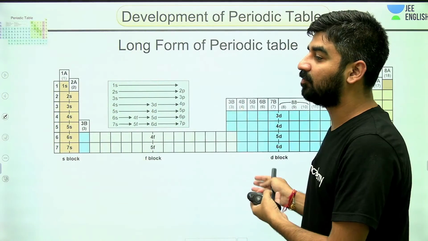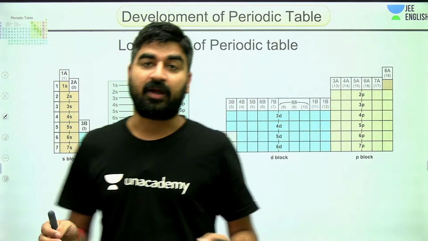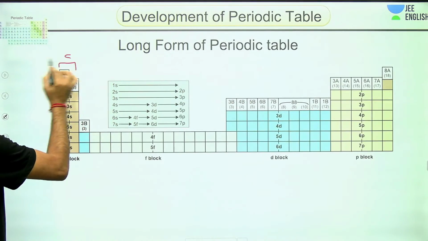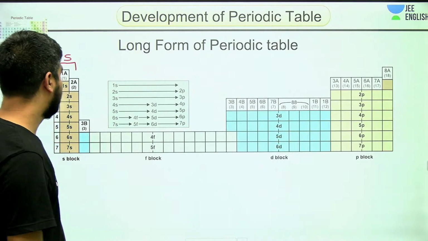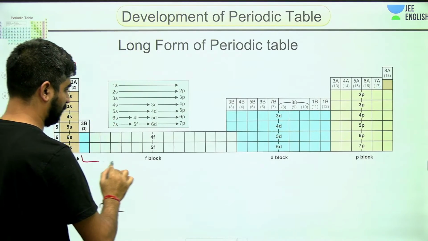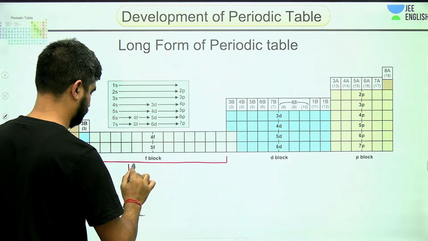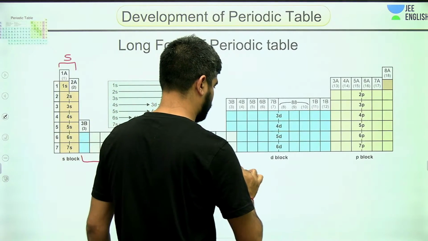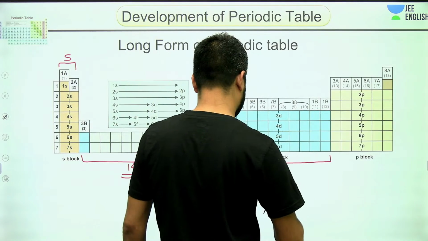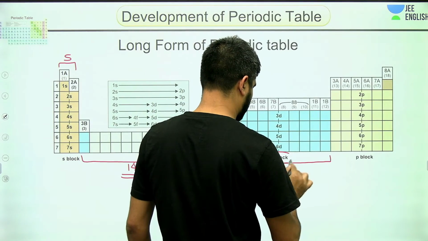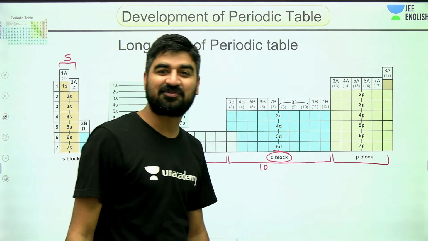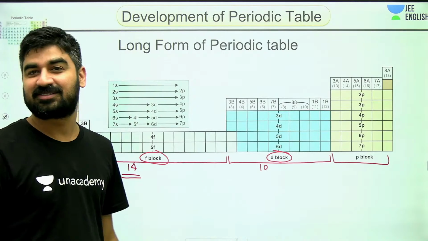So this is the long form of periodic table. And why do we call it long form, guys? Here you have two blocks, we call them S, and after S we have 14 elements of F block, then we have 10 elements of D block, and then we have, guys, P block elements.